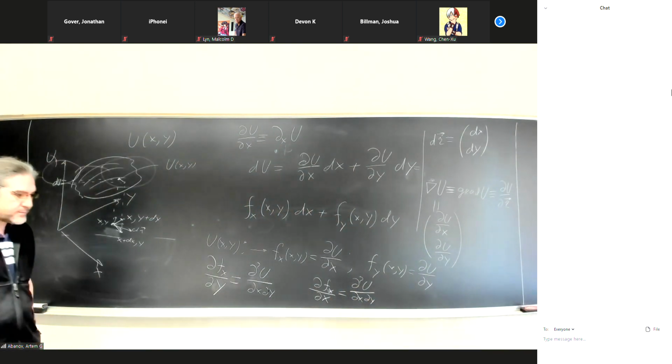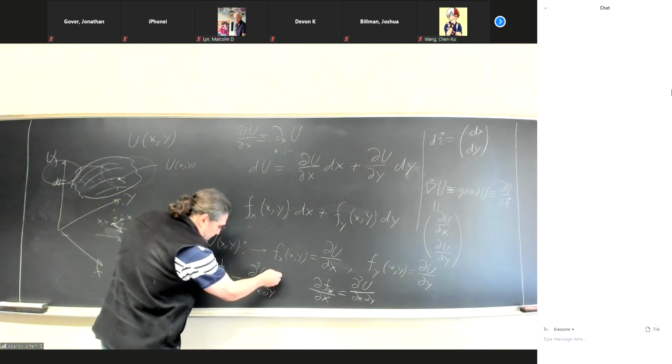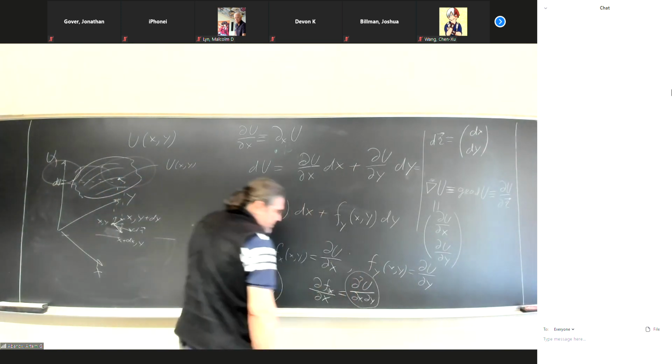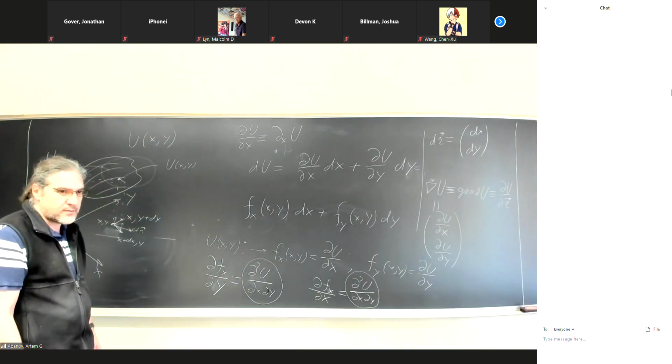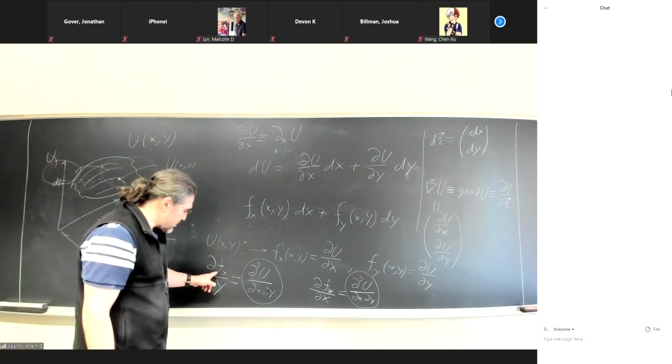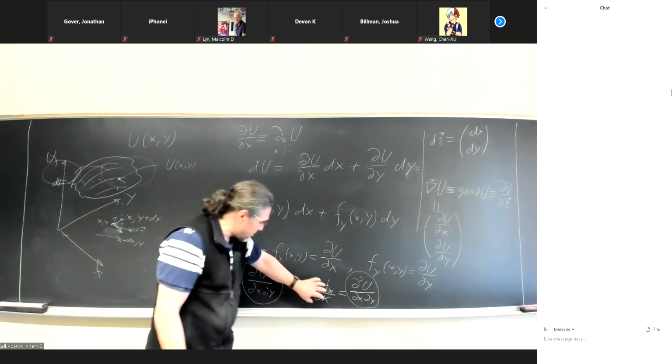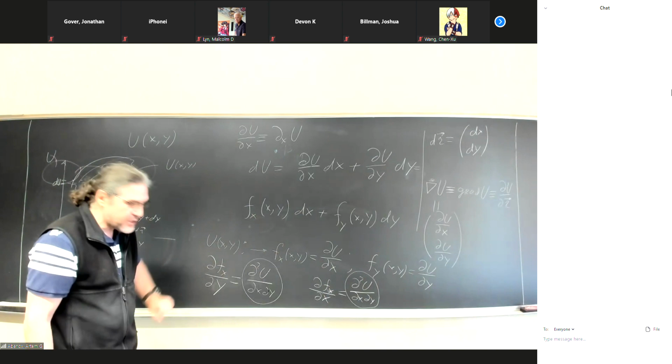But those are the same things. So those must be equal to each other, the left-hand side must be equal to each other.